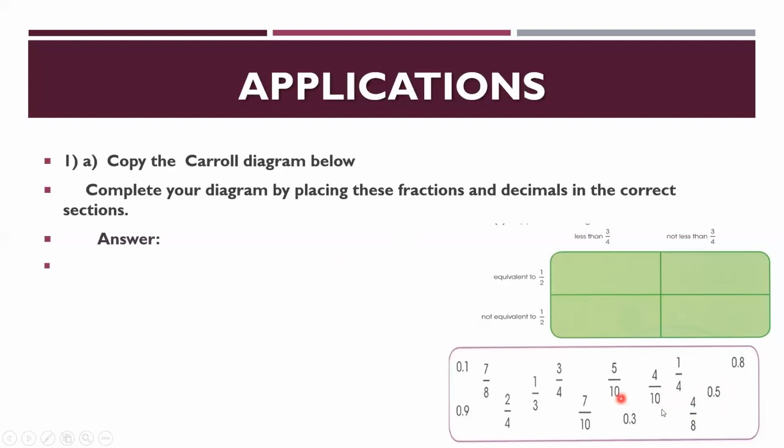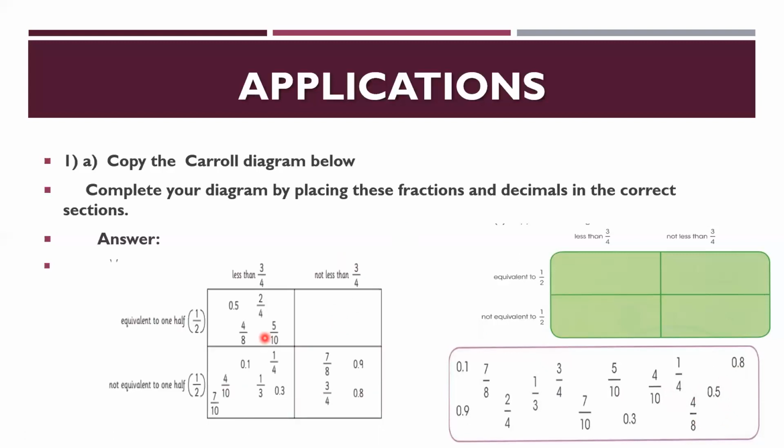So this is how you will be writing this answer. So your Carroll diagram will be looking like this. Very simple thing. You need to choose numbers such that these two conditions are satisfied for the number written over here, and the number written over here should satisfy this condition as well as this condition. Now here, whatever you are writing should satisfy this one and this one.